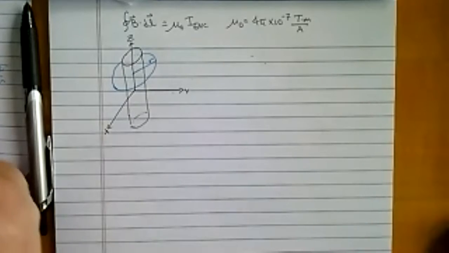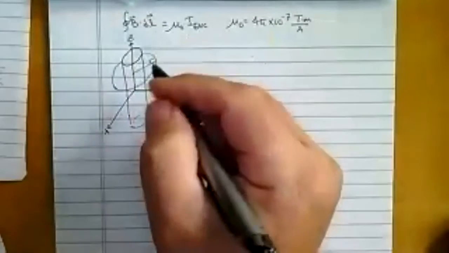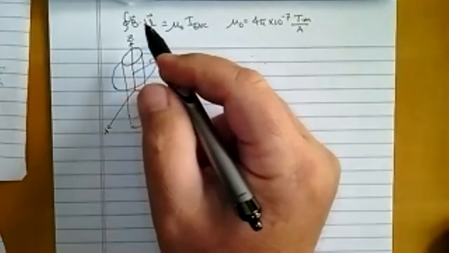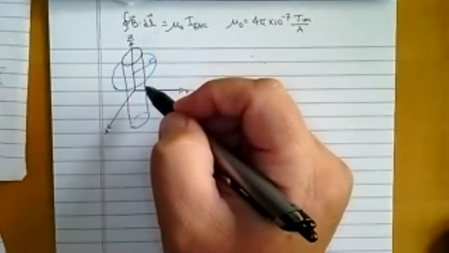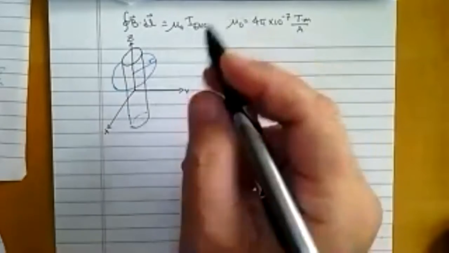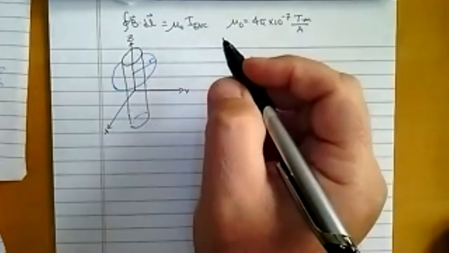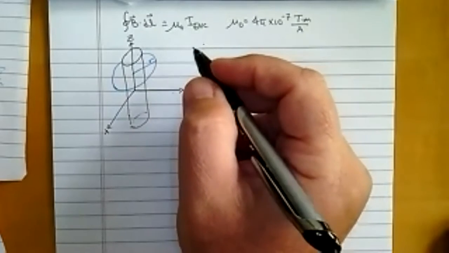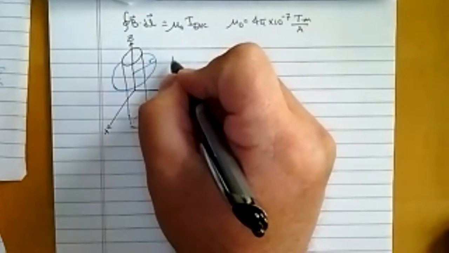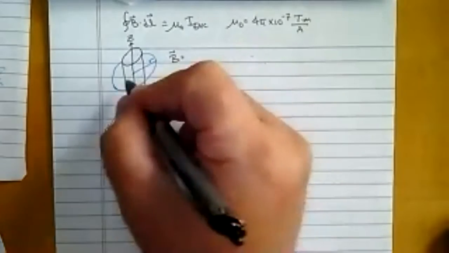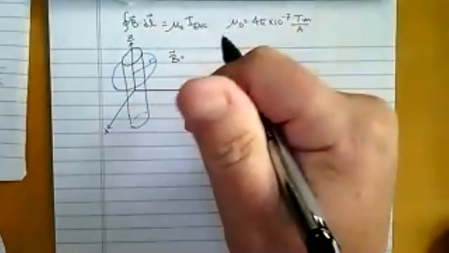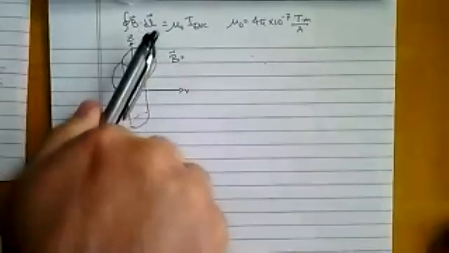Now, in order for me to do a line integral, I actually have to evaluate the B and the dl along the line. I'm going to hypothesize, based on my learnings from the law of Biot-Savart, that the magnetic field B is only dependent on r. This infinitely long wire should make it not dependent on z or even on theta, which would be the angle swept out from the positive x-axis around.